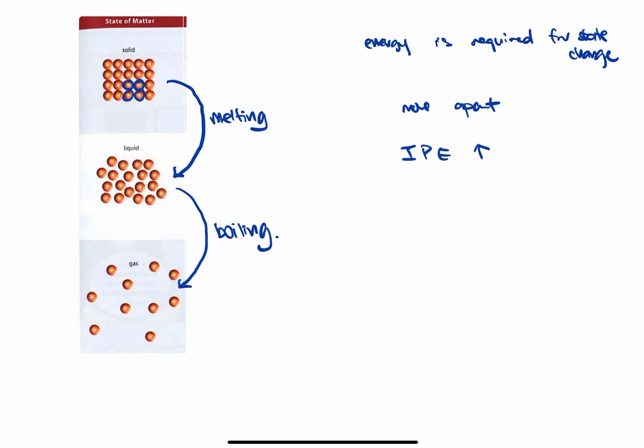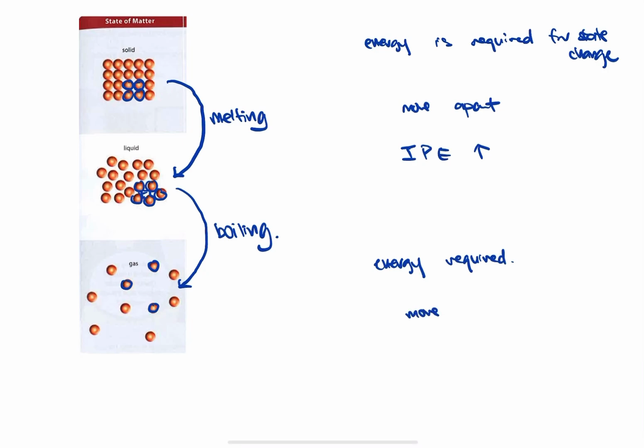Same thing is happening during boiling. The particles in liquids are still close together, but in gases, the particles are far apart. So when we want to boil something, again, energy is required. From where? From a heat source. So the energy from the heat source is then used to overcome the forces of attraction once again between the particles so that they move further apart.